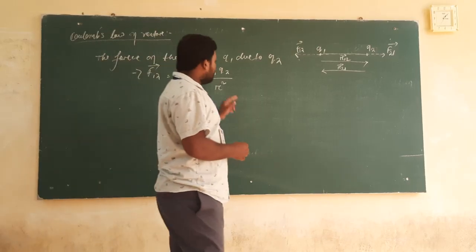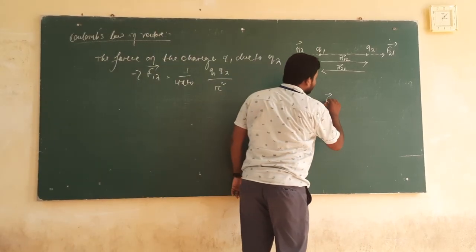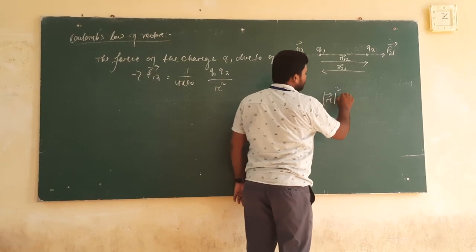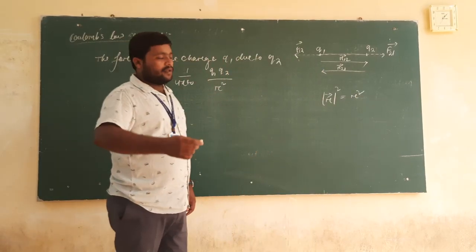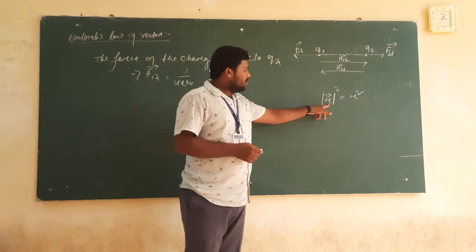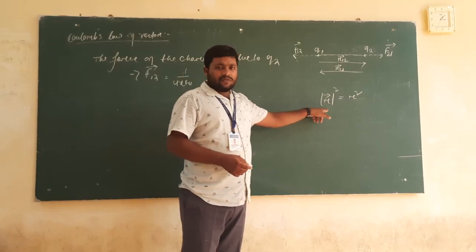That means R vector squared is equal to R squared, the magnitude squared. The vector square means the square of this magnitude, that is R squared.